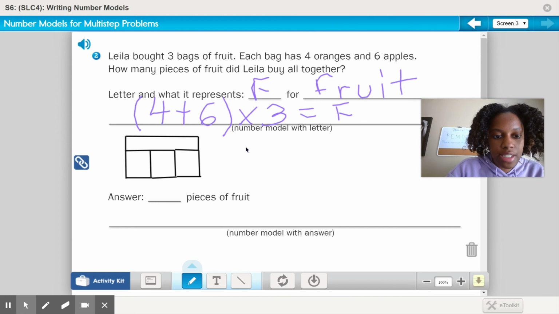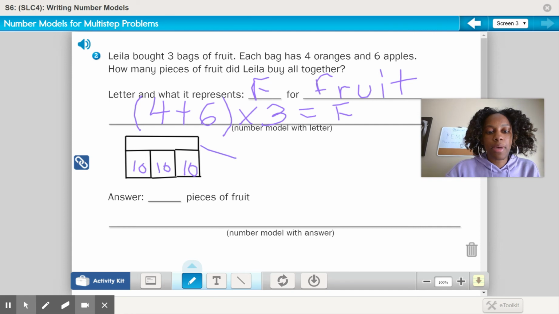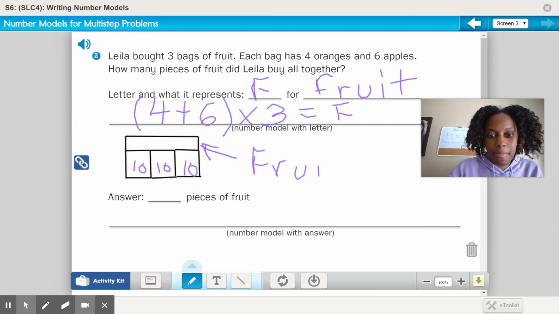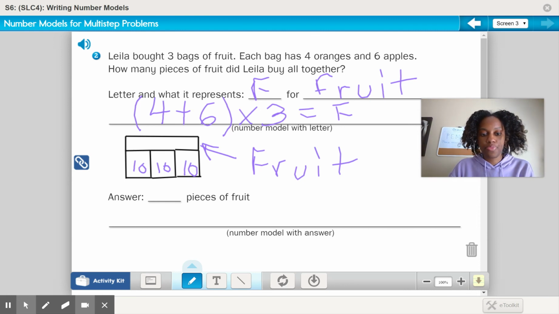So 4 plus 6 is 10. There are 10 pieces of fruit in each of the 3 bags. Okay? Now, in order for me to get my total number of fruit from the 3 bags, I am going to need a different number model to answer this question. So go ahead and write your answer below on the line, and then we're going to check it.